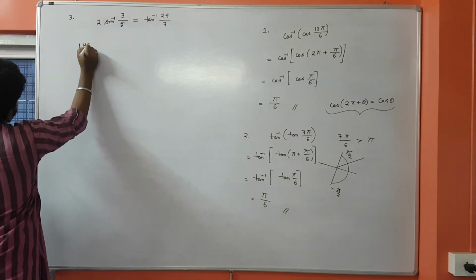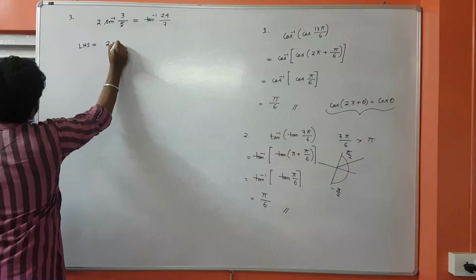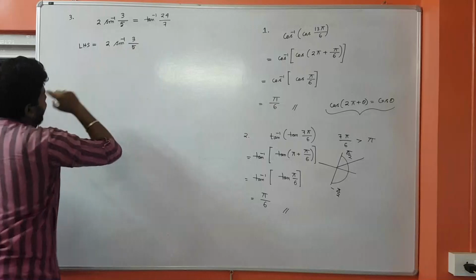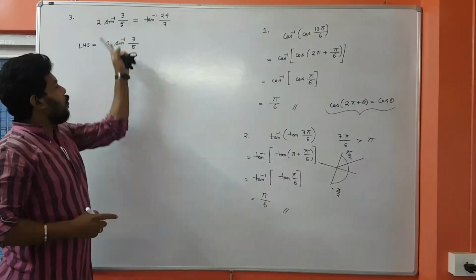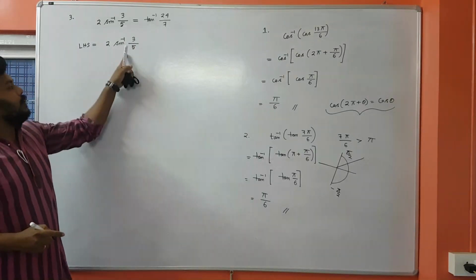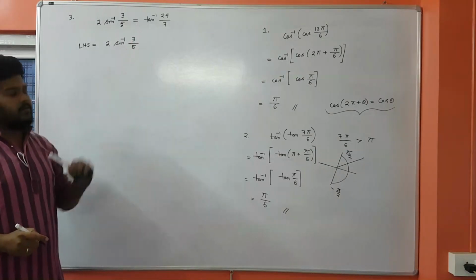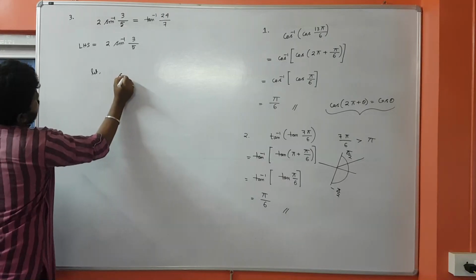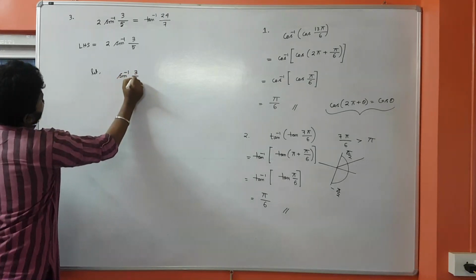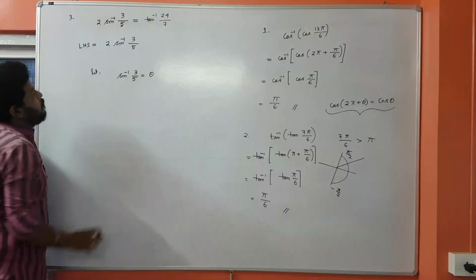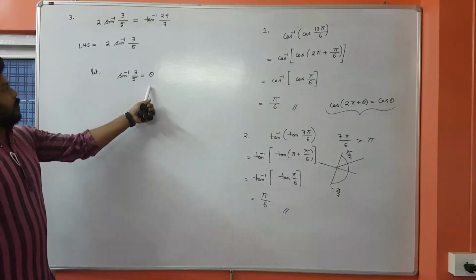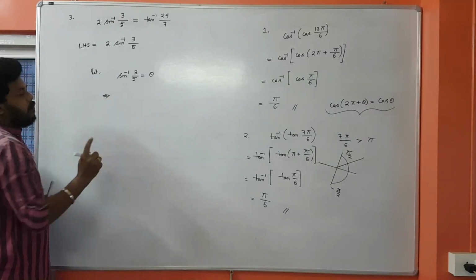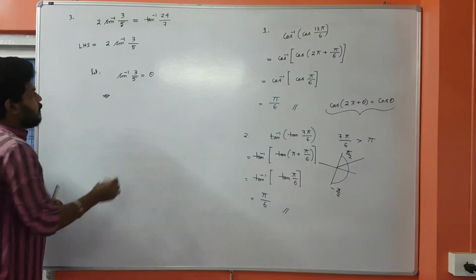LHS is equal to twice sin inverse of 3 by 5. So 2 times the corresponding angle for which sin theta attains 3 by 5. If I let sin inverse of 3 by 5 is equal to theta, theta is positive because 3 by 5 is positive. Sin theta is positive in first quadrant and negative in fourth quadrant.